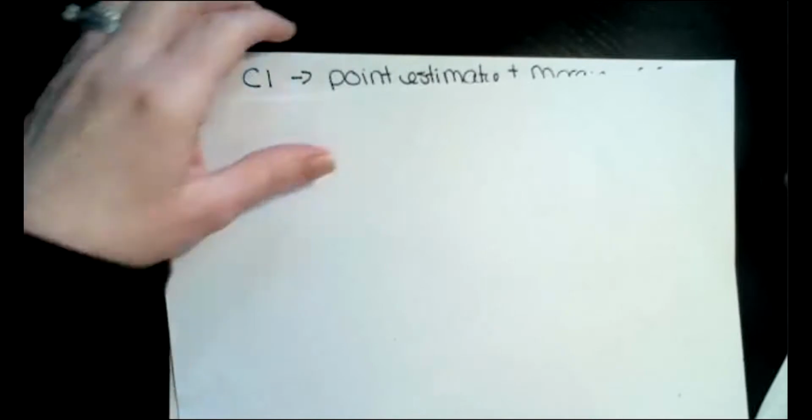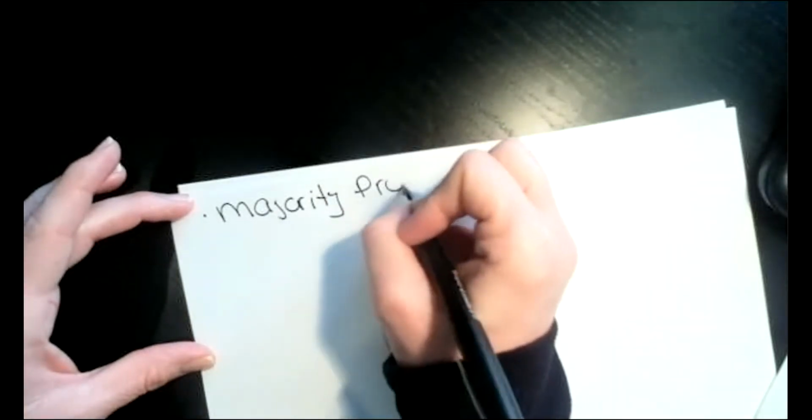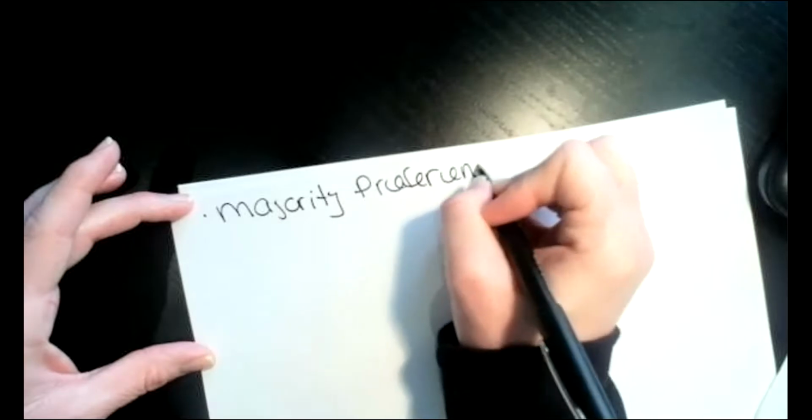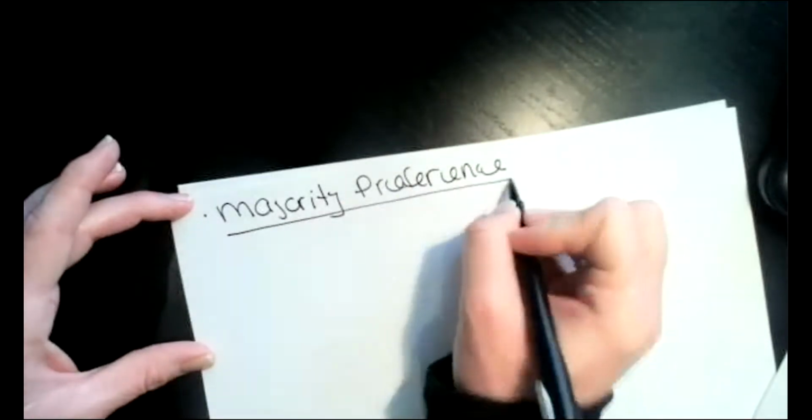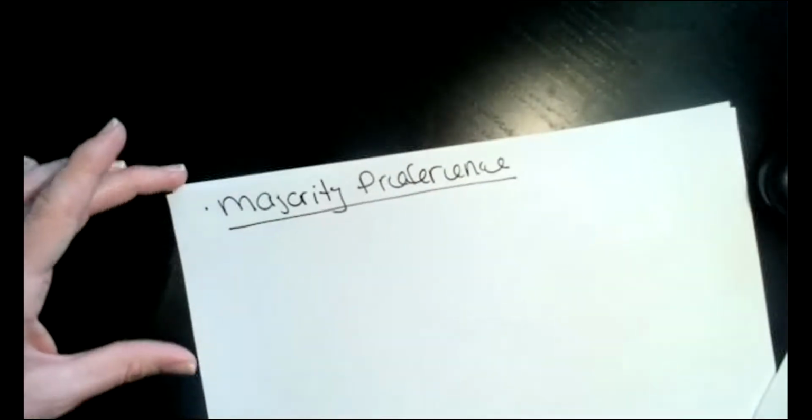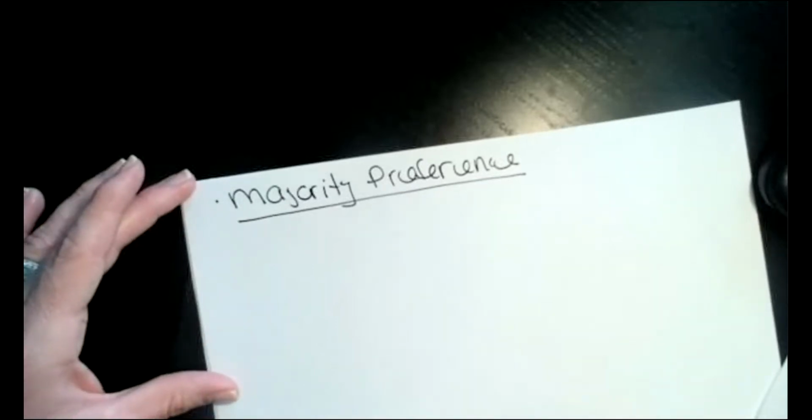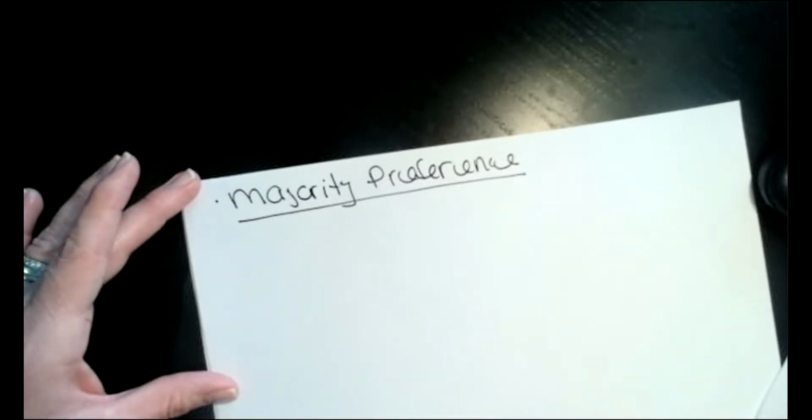All right, so before we work on another example, I want to talk about majority preference real quick. This is kind of new. I don't really talk about this in Stat 1 so much. I may mention it briefly, verbally, but I don't really talk about it. So majority preference, or you might just say majority.